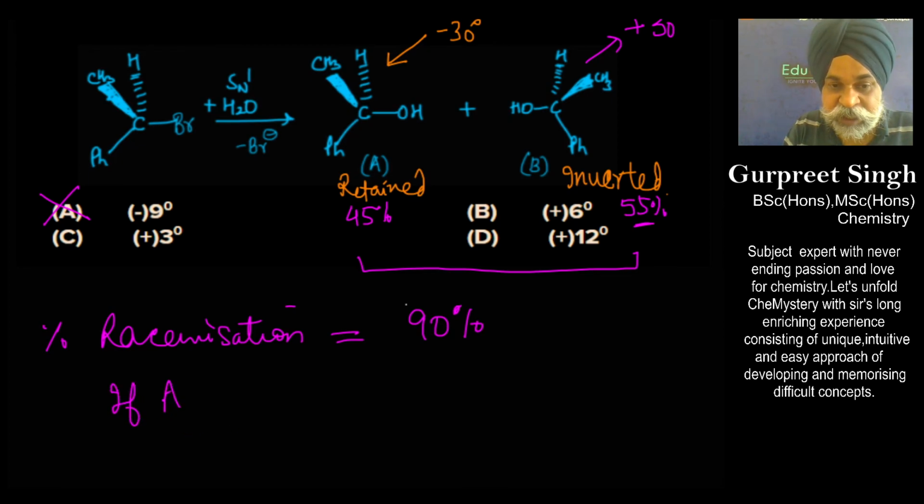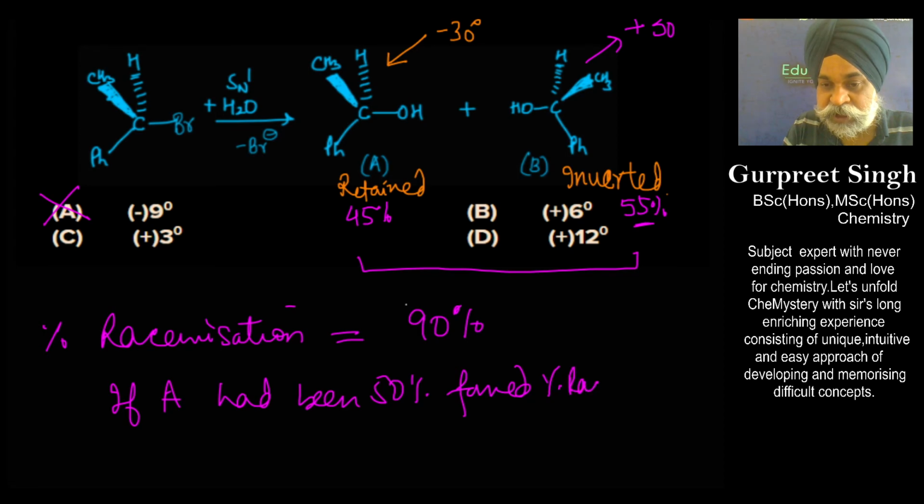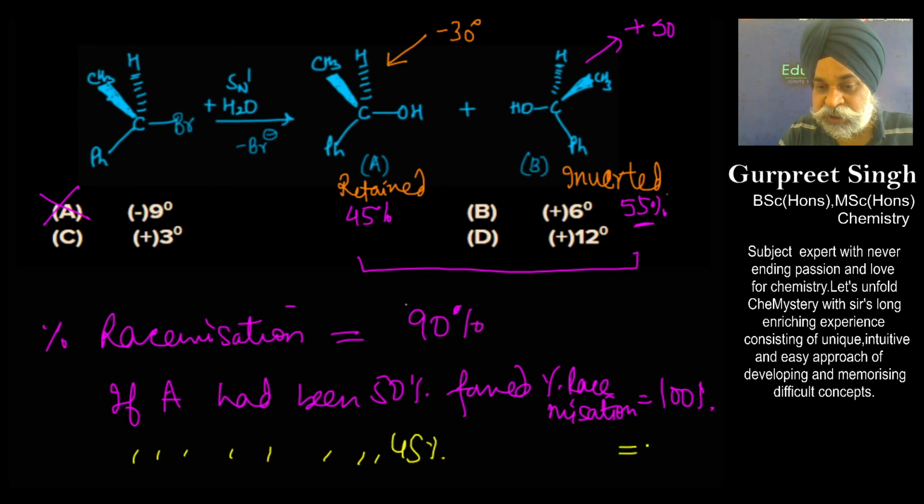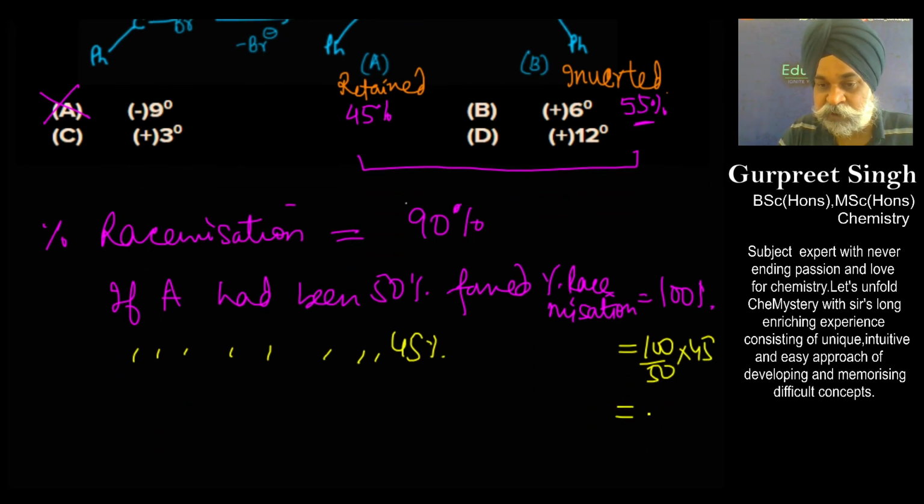If A had been 50% formed, the percentage racemization would have been 100%. But since A is formed 45%, the percentage racemization would be 100 by 50 into 45. So it is 90%, which we have already done, although it is not being asked.